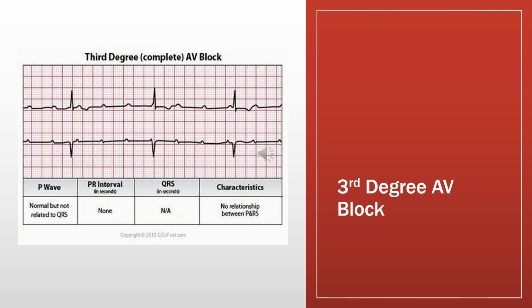So with the second degree AV block, there are a couple different reasons that would happen. The one I see more often than not is associated with a bradyarrhythmia, meaning a slower heart rate, usually associated with dexmedetomidine administration.